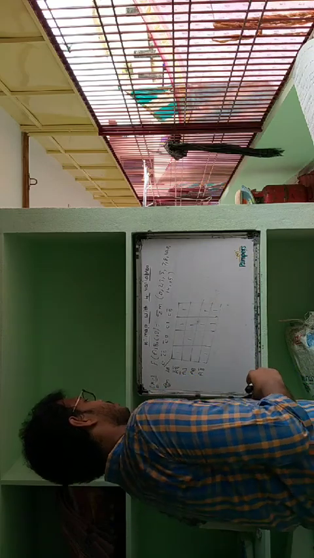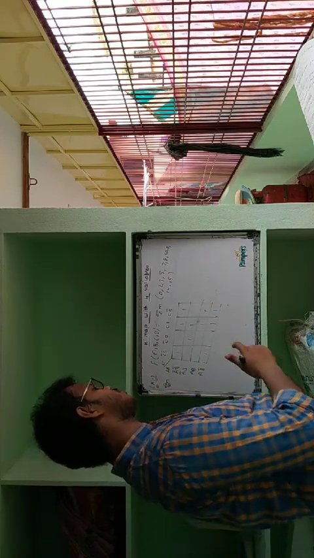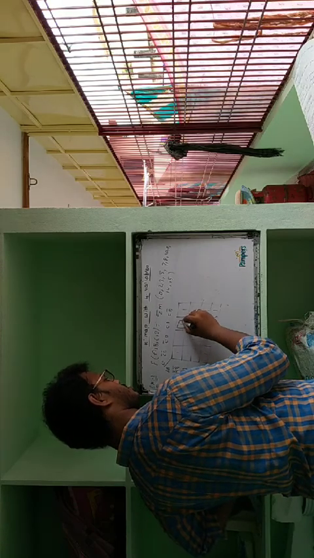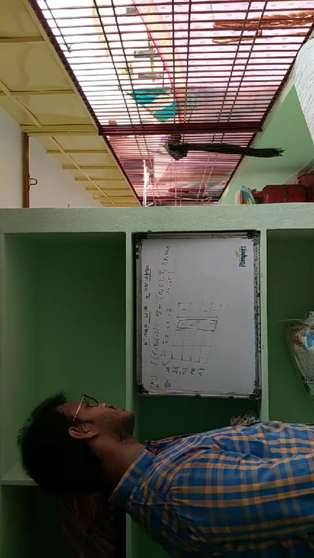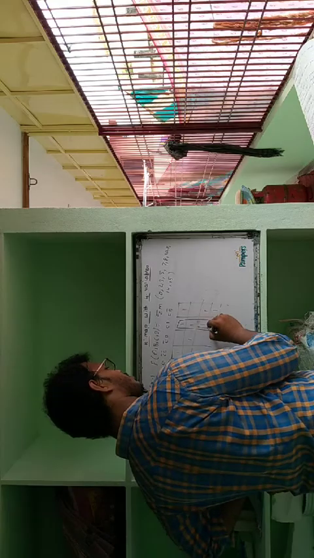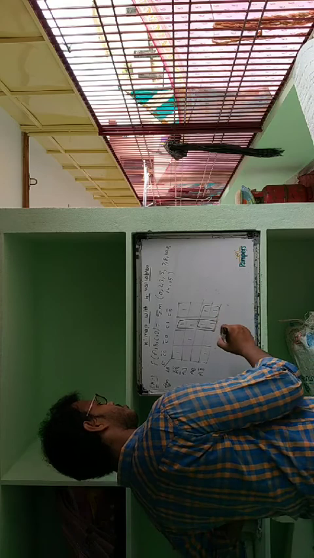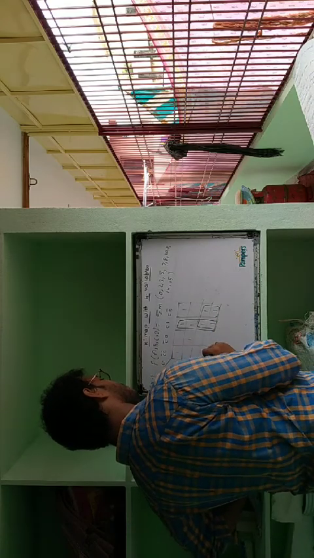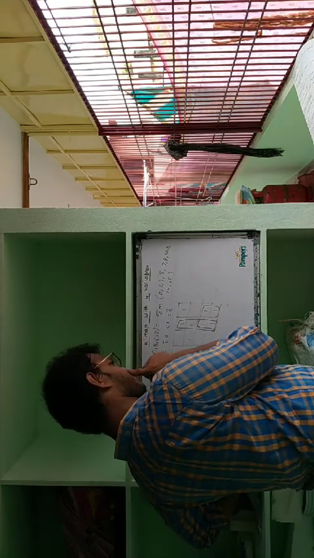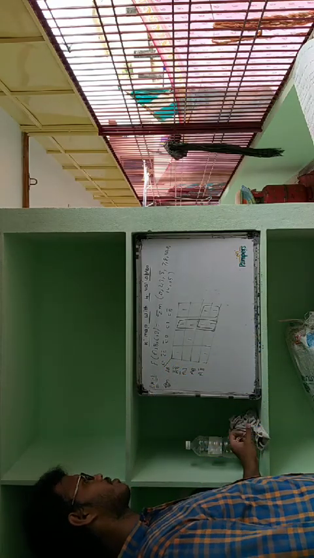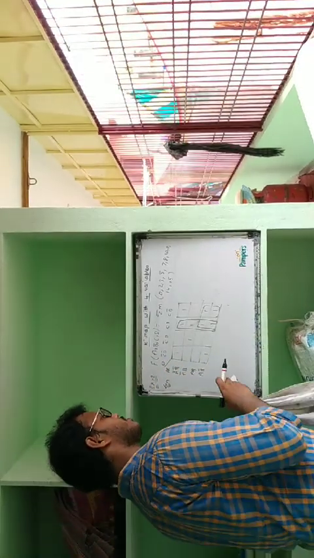So you have to make a maximum possibility of ones. You can make like this. You can make another group like this. Okay. Otherwise you can do like this also.